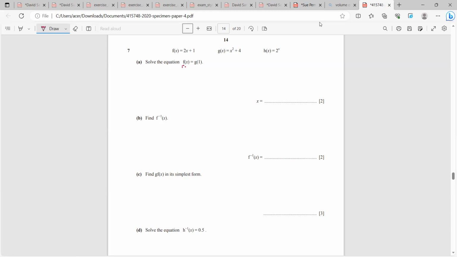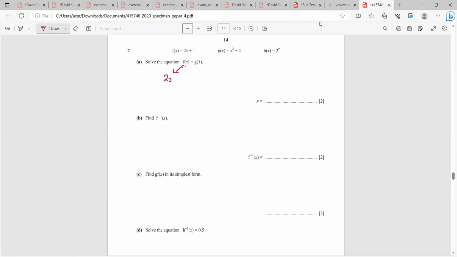So on the left-hand side, we have f of x. Nehemiah, what is f of x? It's 2x plus 1. Excellent.